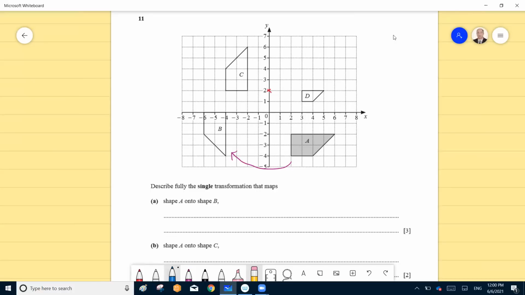Now you also try the vector from the center of rotation to corresponding points. For example, this point is A, this point will be A prime, the image. So this vector now is 2 right and 4 down. Look, the vector is 2 and -4.